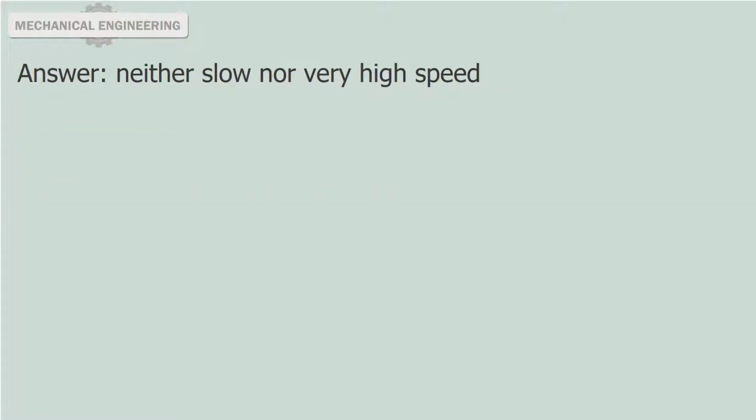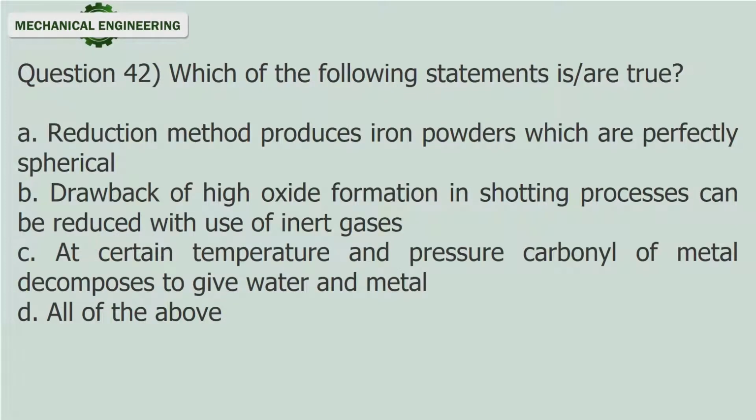Answer: neither slow nor very high speed. Question 42. Which of the following statements are true? A. Reduction method produces iron powders which are perfectly spherical. B. Drawback of high oxide formation in shotting processes can be reduced with use of inert gases.